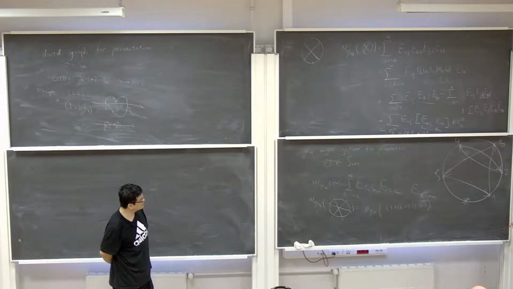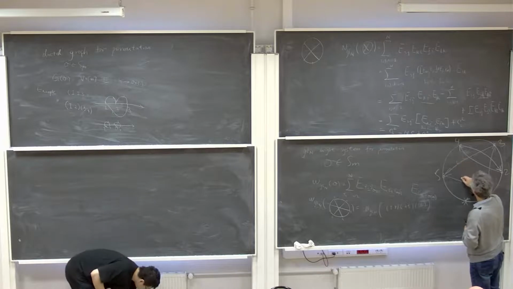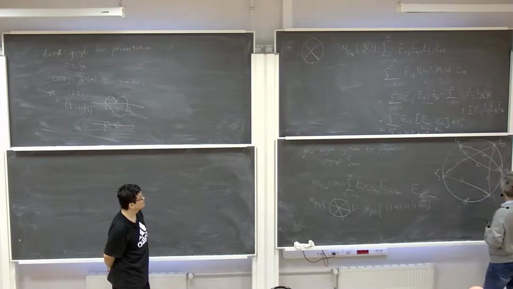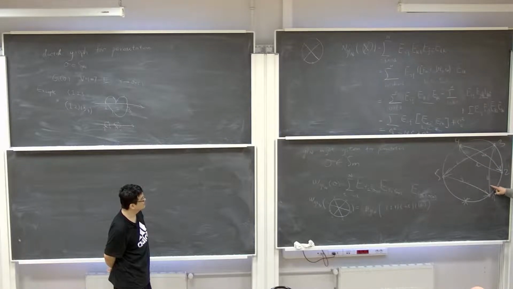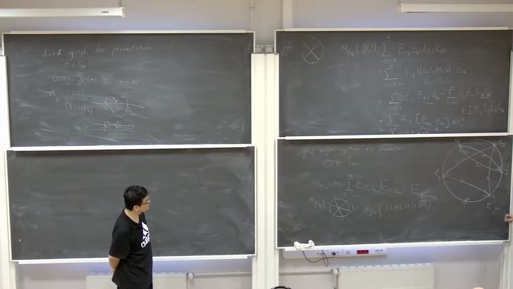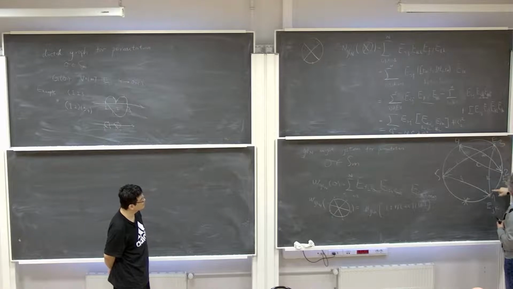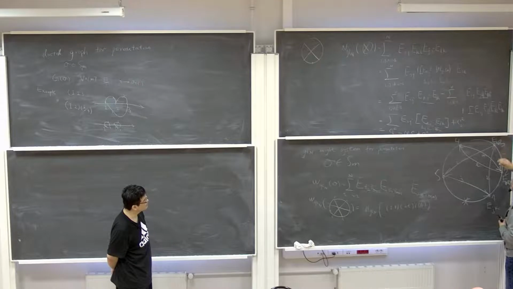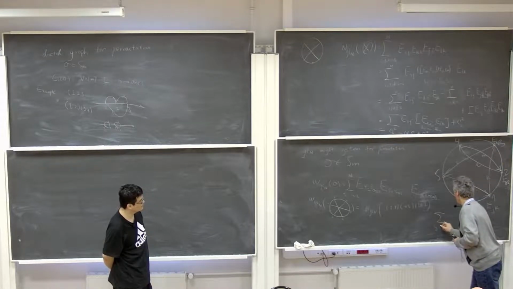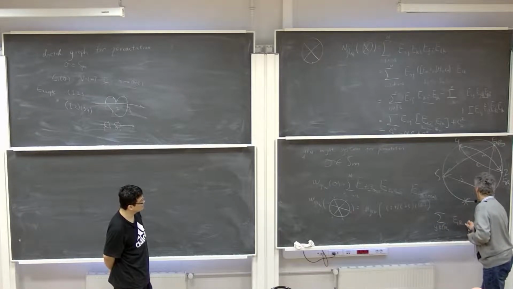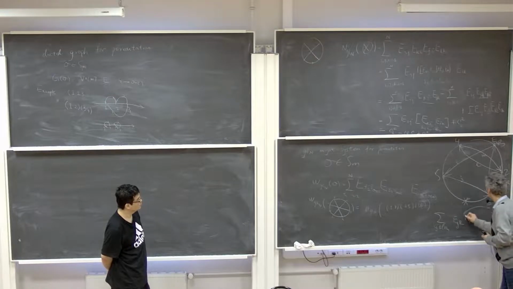Then we have 5 arrows, and we put an index on each arrow: I, J, K, L, M. For each vertex there is one incoming arrow and one outgoing arrow, so for each point I put an E with the indices, incoming on the first place and outgoing on the second: E_IK, E_JK and so on, then E_ML.